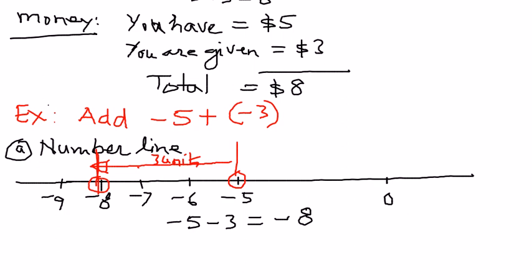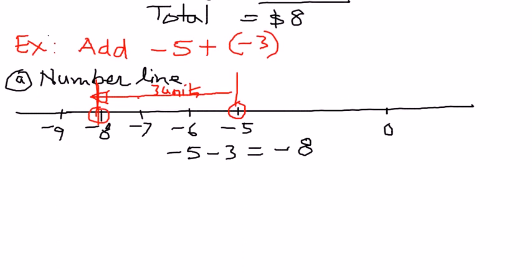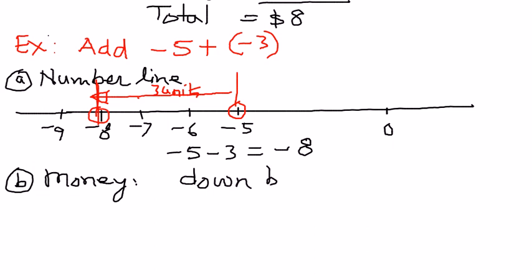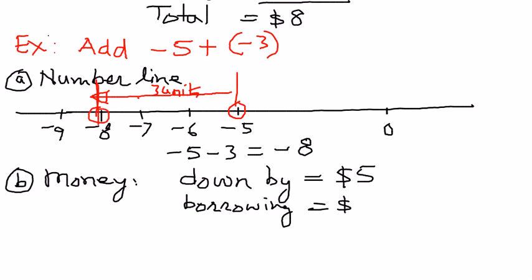And in terms of money, if we were to use the second method, let us say you are down by $5. You're down by $5, and you are borrowing $3 more from your friend.